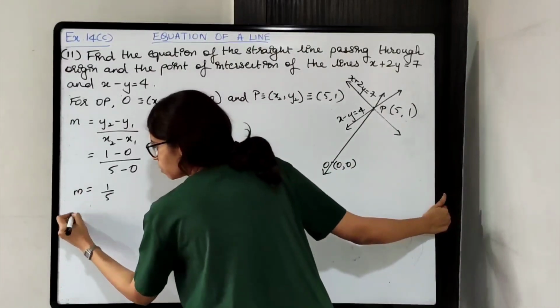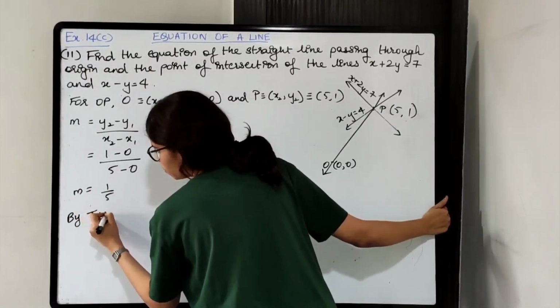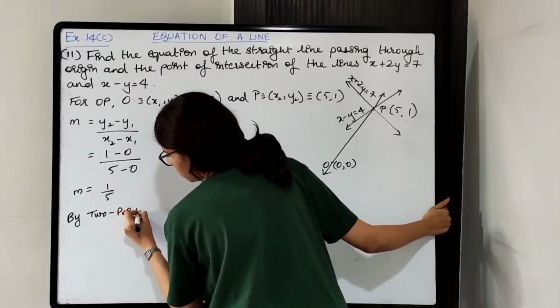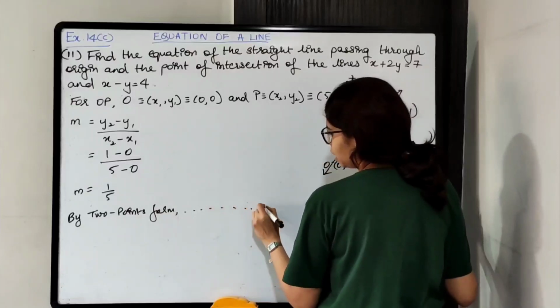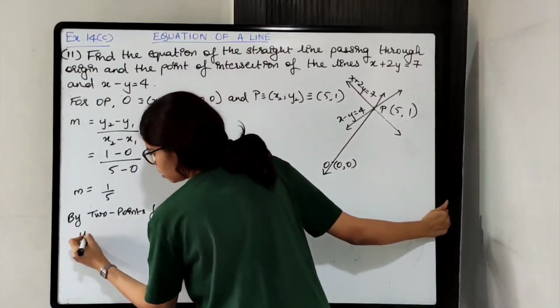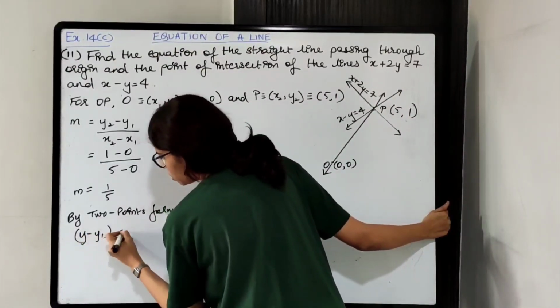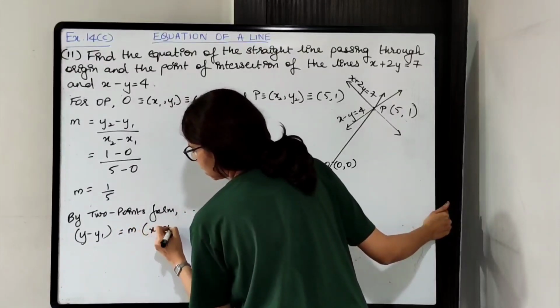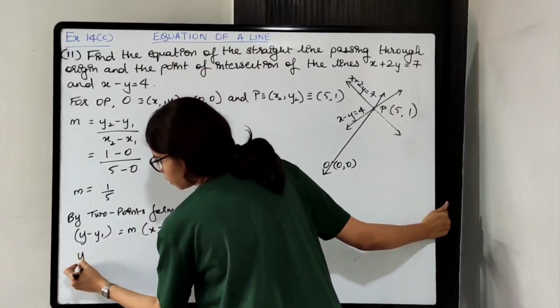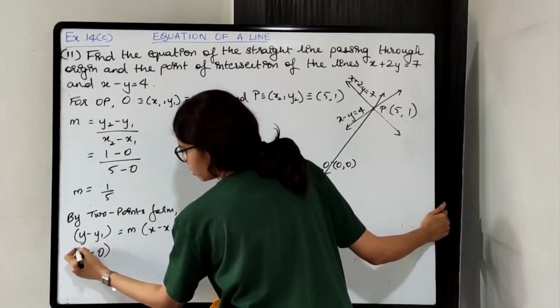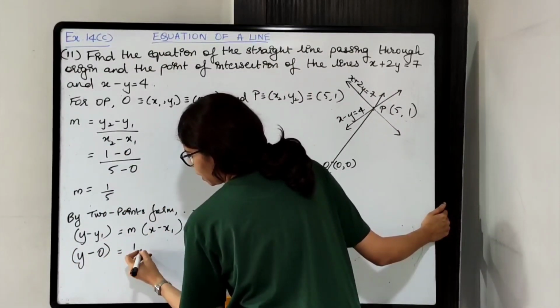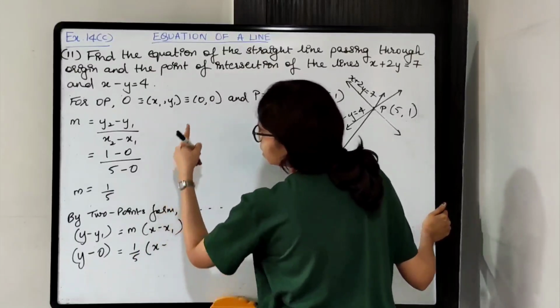Now by the 2 points form, the equation of line OP is y minus y1 equals m into x minus x1. Y minus y1 is 0, m is 1 by 5 into x minus x1 is again 0.